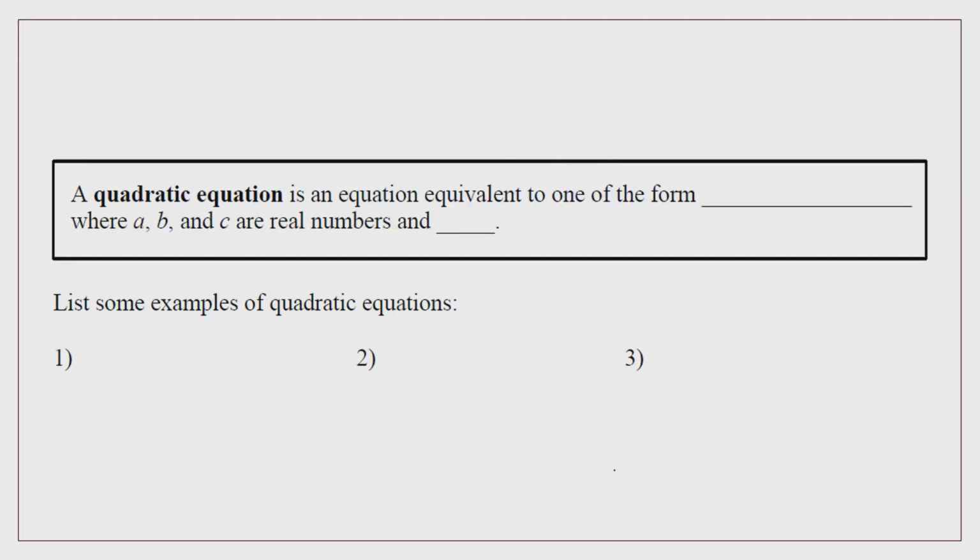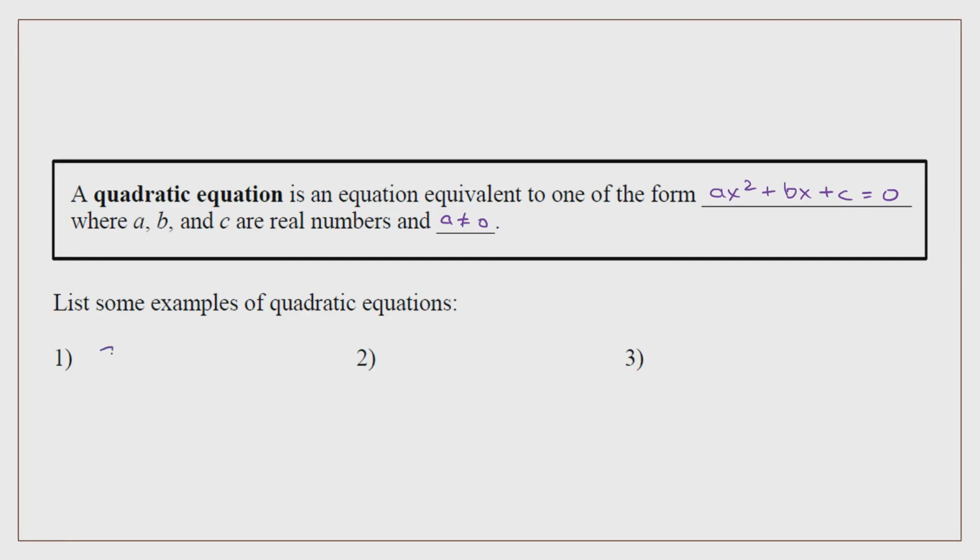A quadratic equation is an equation equivalent to the form ax squared plus bx plus c equals 0, where a, b, and c are real numbers and a does not equal 0. Now let's list some examples and write quadratic equations.